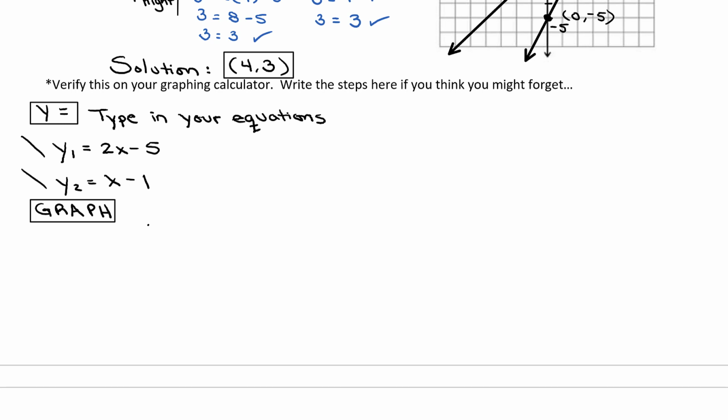Now you do want to make sure that the point of intersection appears on your screen. If it doesn't, it is important to adjust those window settings. Next, we are going to hit second, and then the trace button, but we want the command that's above the trace button, the CALC command.